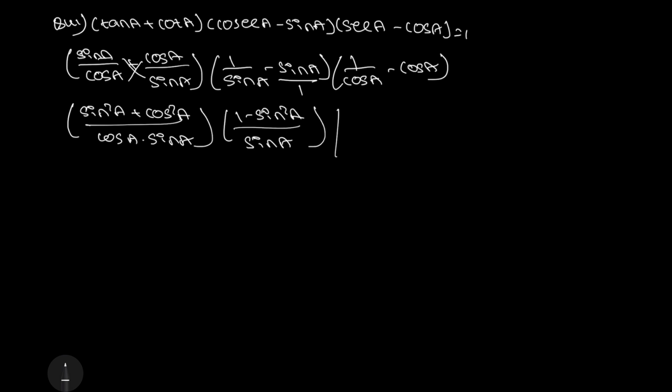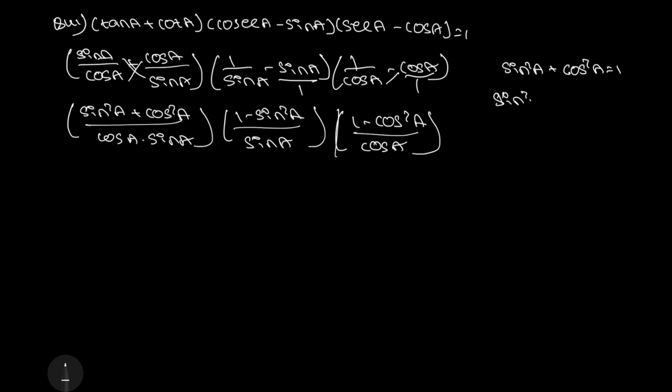And repeat the same for the third factor, we'll get 1 minus cos square A by cos A. And here we'll be using our one condition, which is sine square A plus cos square A is equal to 1. This we can write as sine square A is equal to 1 minus cos square A. Similarly, cos square A is equal to 1 minus sine square A. Now use these identities to replace the numerators.